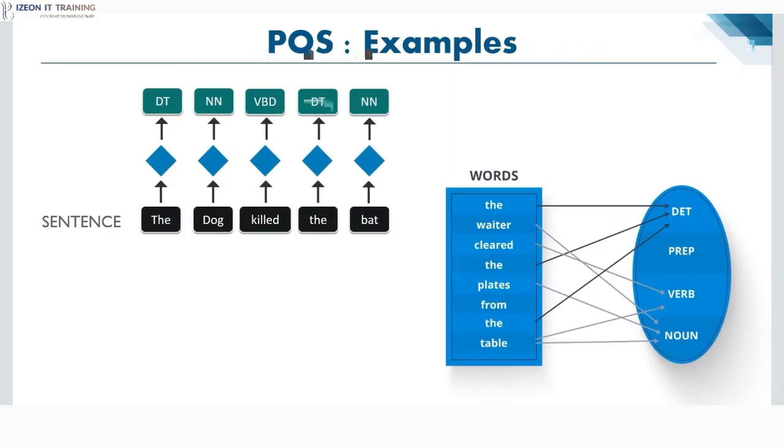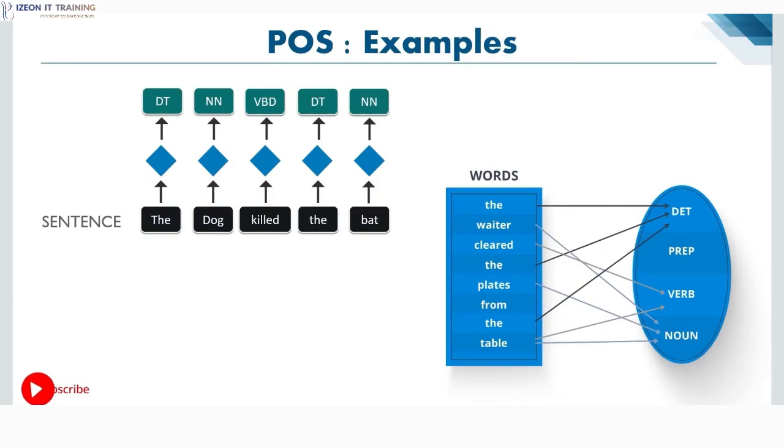Here, the is a determiner, dog is a noun, killed is a verb, and again, the and bat are determiner and noun respectively. Now let's consider another sentence, the waiter cleared the plates from the table. As you can see here, all the tokens correspond to a particular type of tag, which is the parts of speech tag. It is very helpful in text realization.